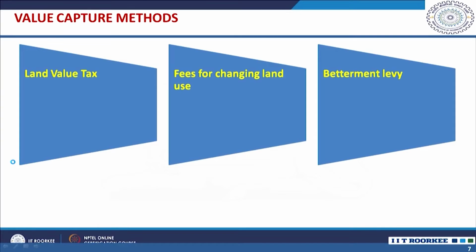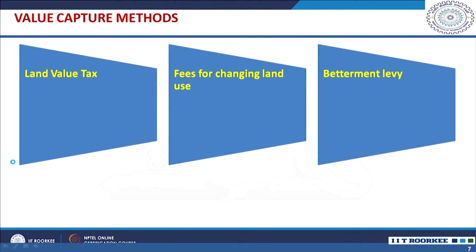So, it is the inability of the government organization or department to take advantage of land value capture or value capture financing. Now, let us see what options are available in land value capture and how different those options are. First will be the land value tax.